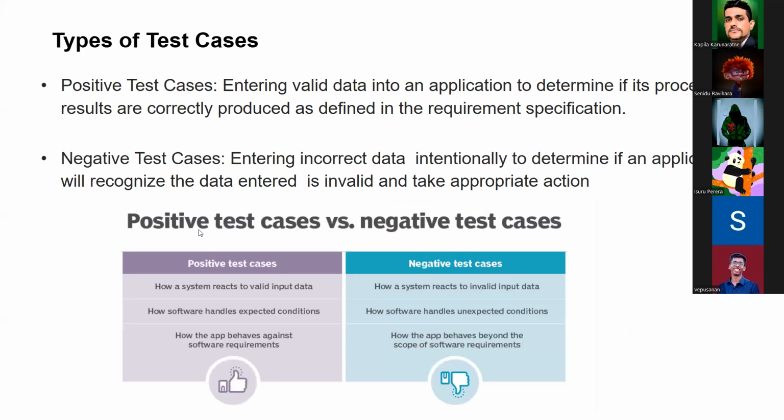So basically, there are two different types of test cases, right? One is positive and another is negative. Positive test cases mean you are validating the application's happy path. So think if you are going to validate a login page, maybe Google login or Gmail login. You have to enter your username, enter your password, click on the login button, and then you will be logged in to your email.